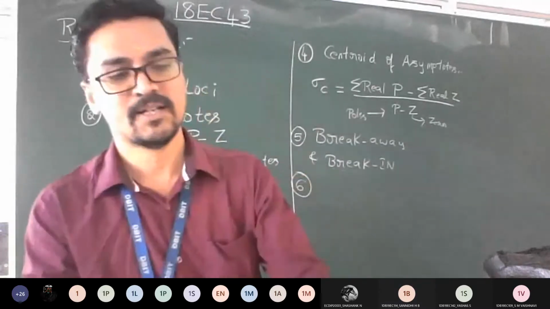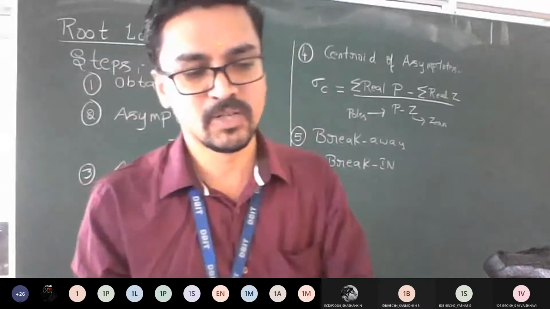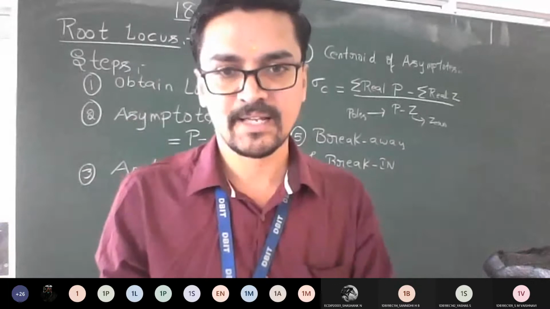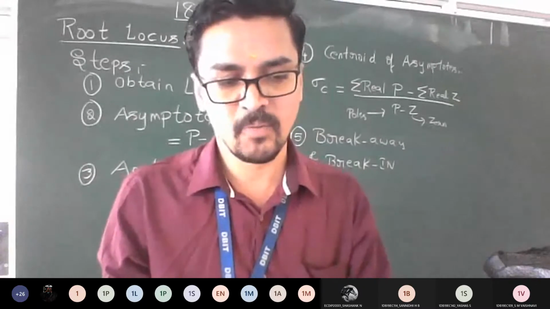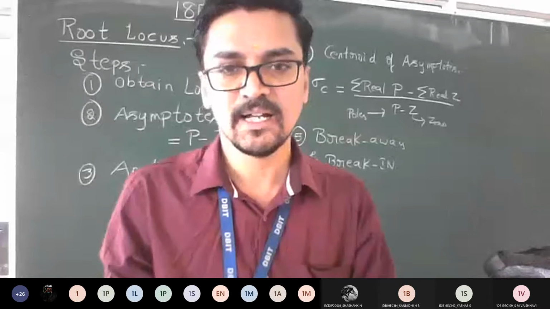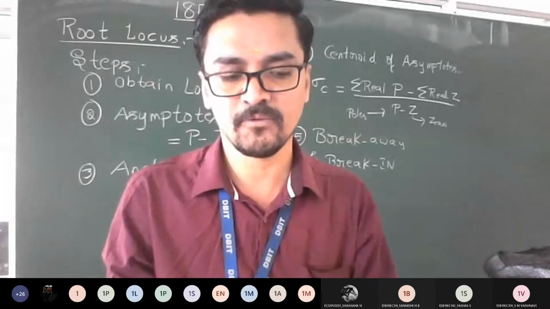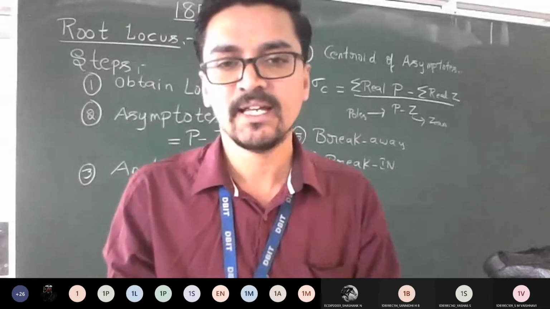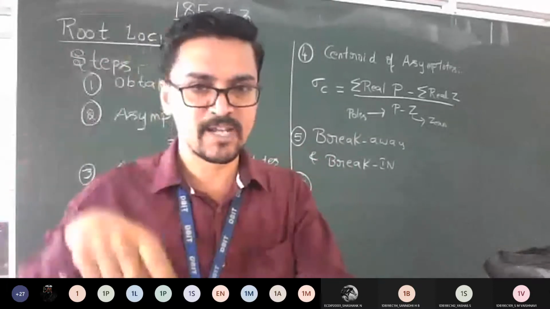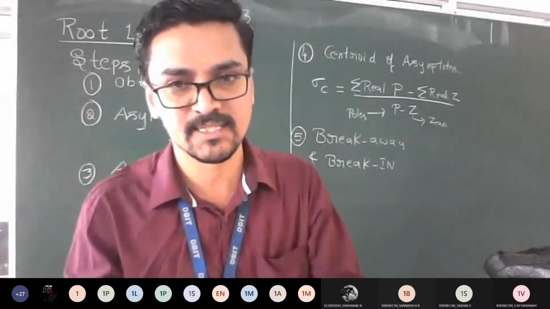Write step number 6. Step number 6 tells you to calculate the intersection point of the root locus with the imaginary axis. The imaginary axis in the S-plane is the y-axis.